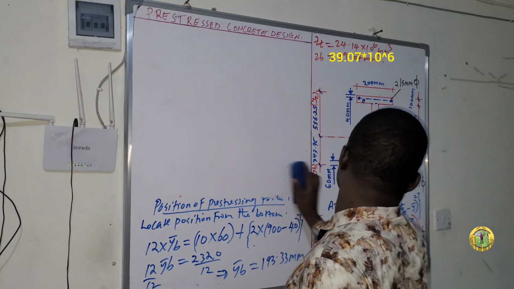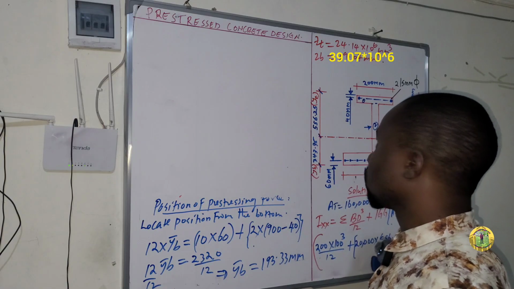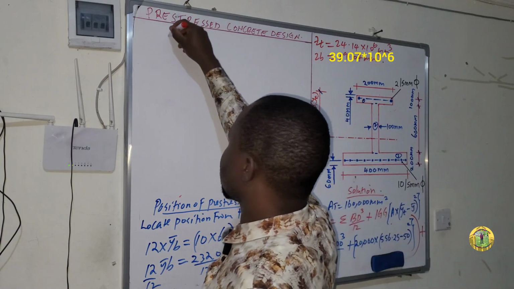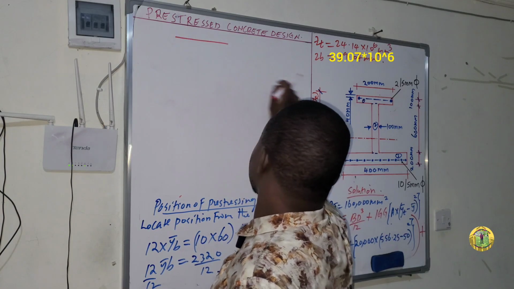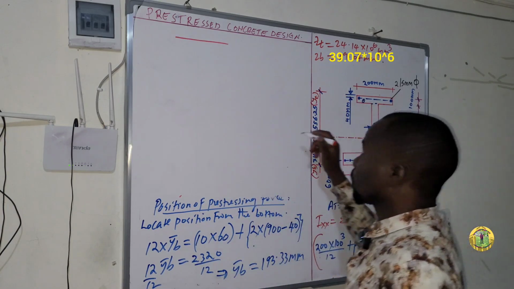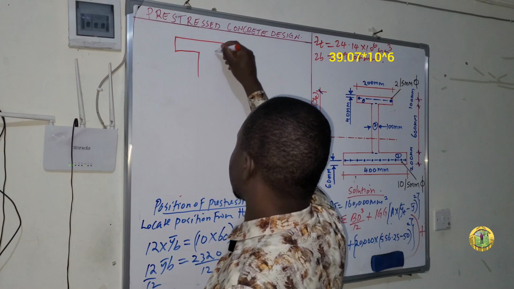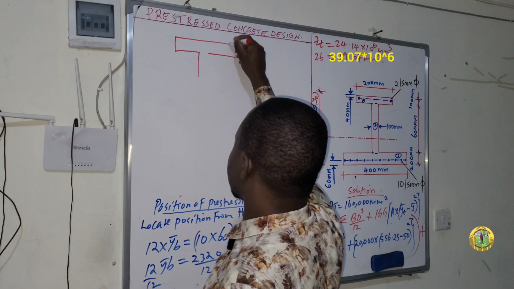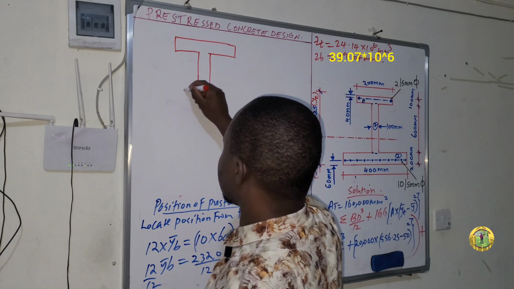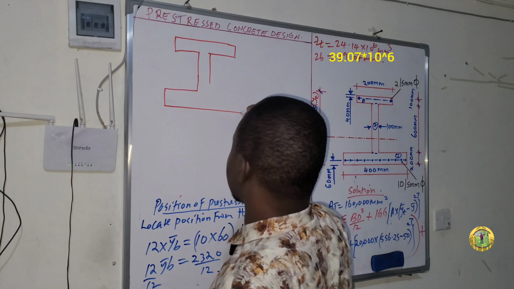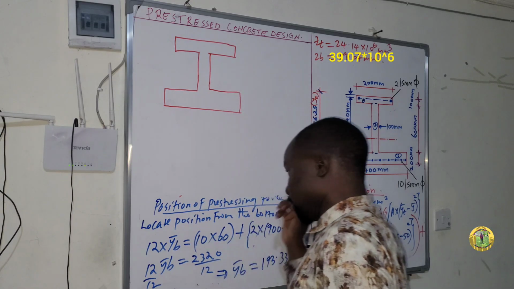So for us to calculate the eccentricity, I will sketch the section again. This is the section. Is the same as this one. Like that.